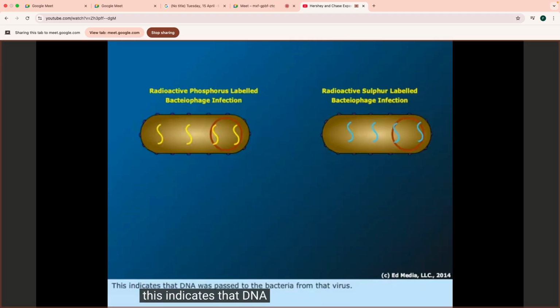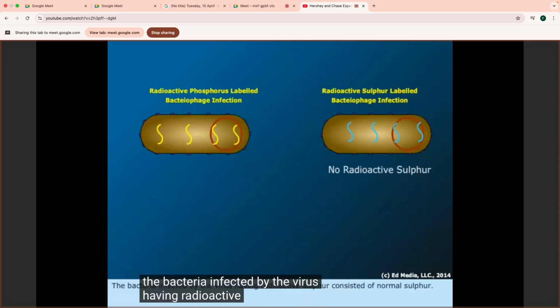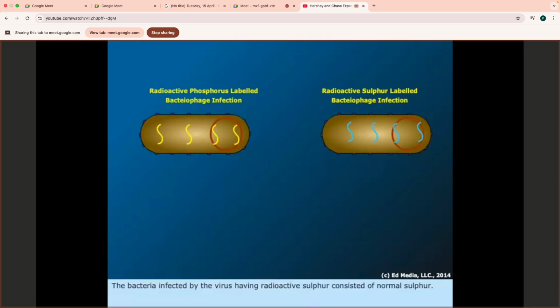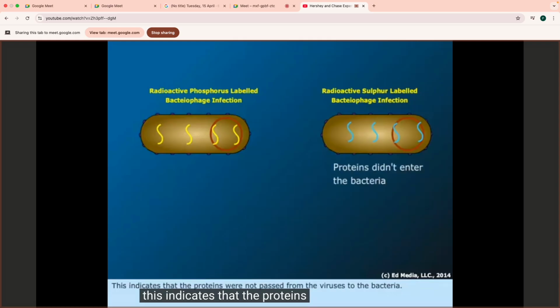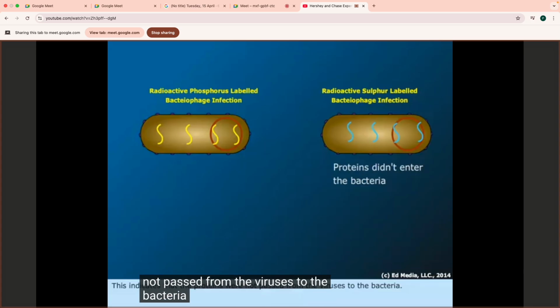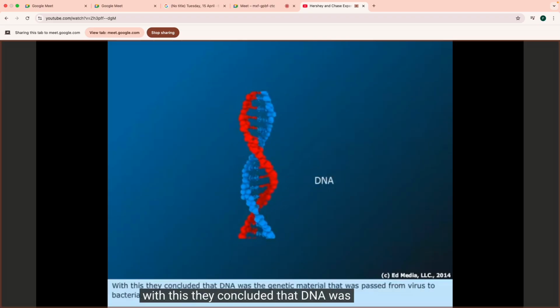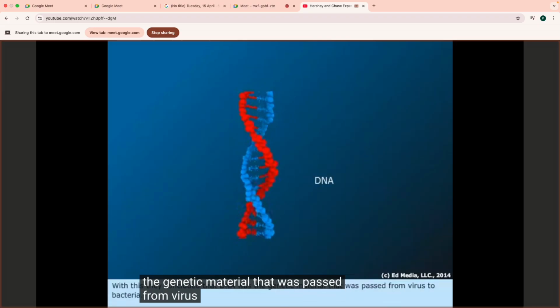This indicates that DNA was passed to the bacteria from that virus. The bacteria infected by the virus having radioactive sulfur consisted of normal sulfur. This indicates that the proteins were not passed from the viruses to the bacteria. With this, they concluded that DNA was the genetic material that was passed from virus to bacteria.